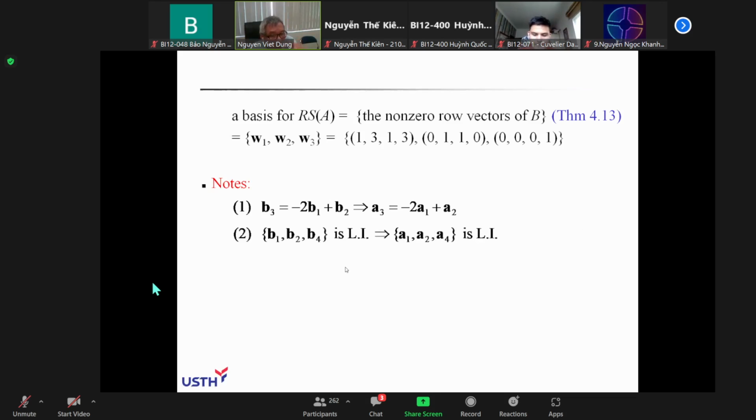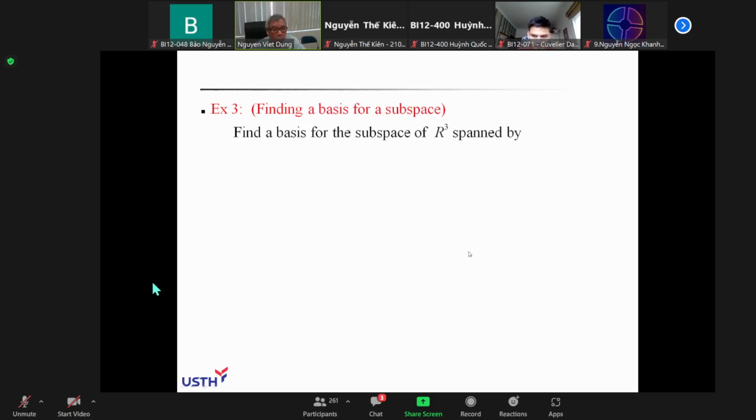And more than that, it is easy for you to see that B1, B2, and B4 are linearly independent. And because of that, A1, A2, and A4 are linearly independent. That is the first observation in this example.